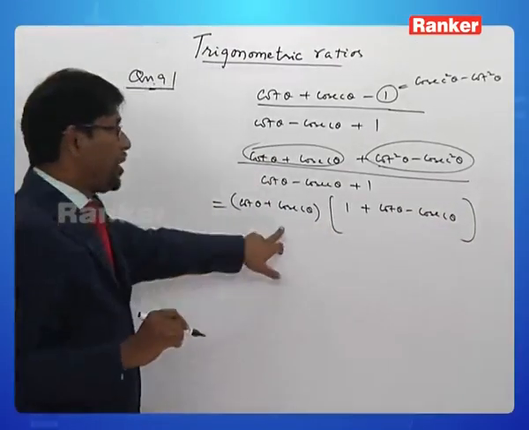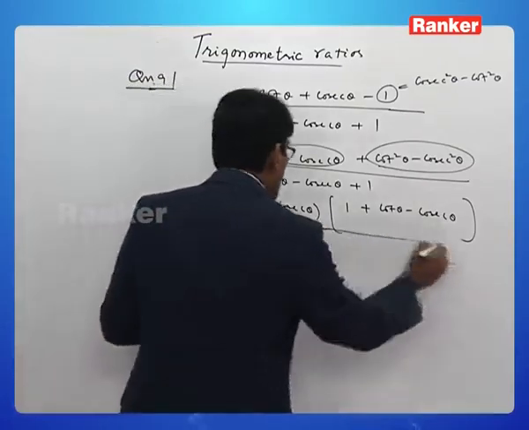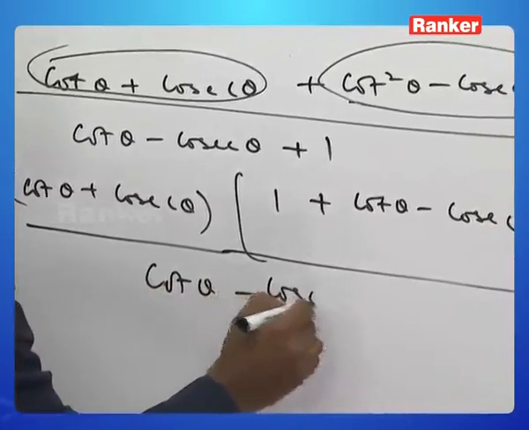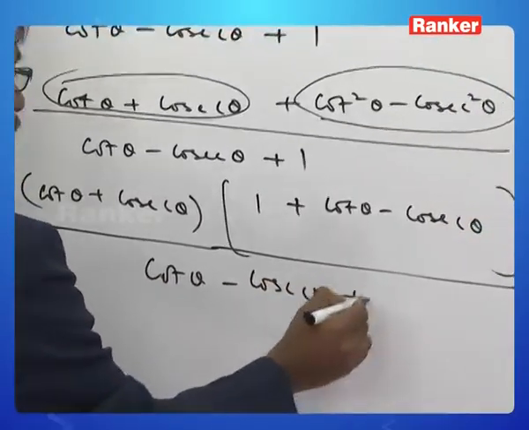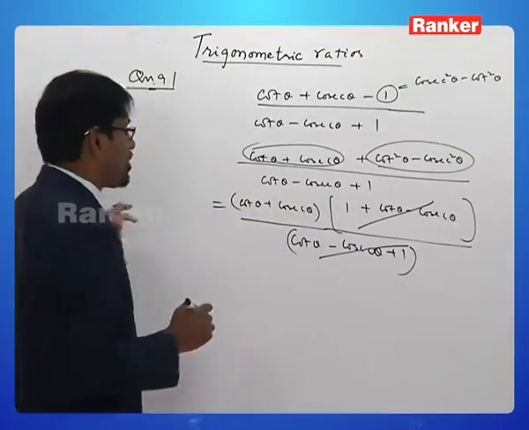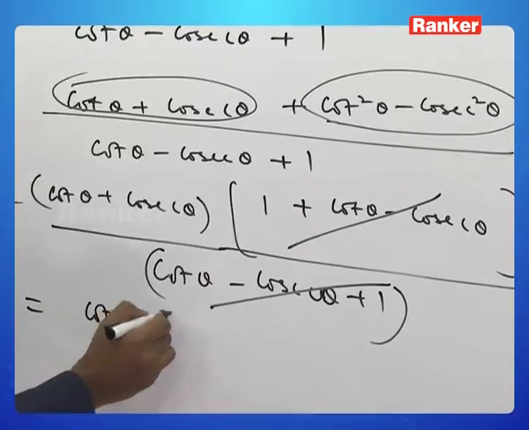If you take out a plus b, you will be left with a minus b there. So now in the denominator we have cot theta minus cosecant theta plus 1, which is the same as this part, so what you have is cot theta plus cosecant theta.